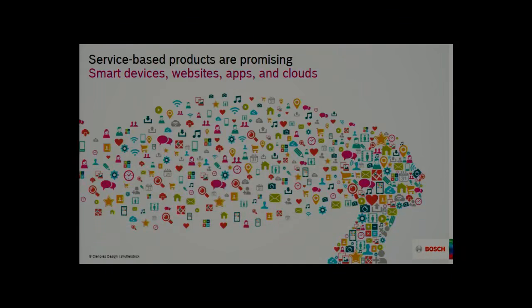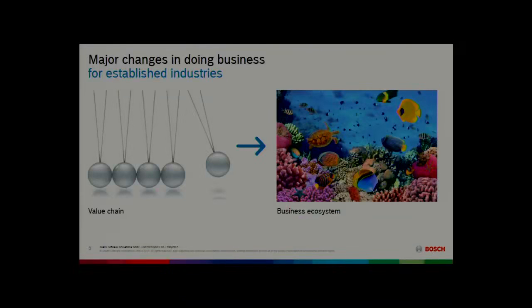Because for them, it was just selling hardware elements. But now the things are becoming connected, so there are other natural businesses coming up. They want to go into that, but they want to use all the knowledge that they have in the hardware area.